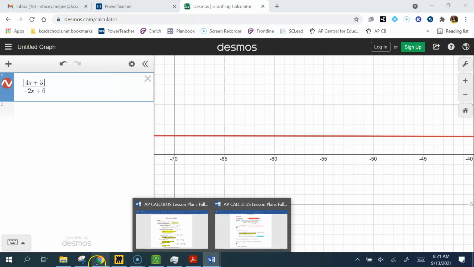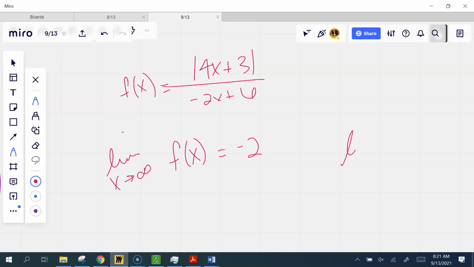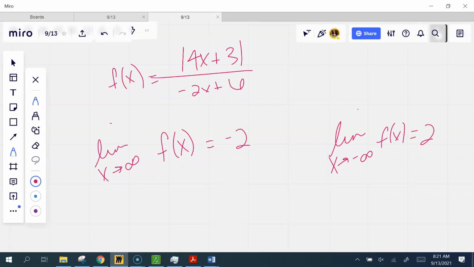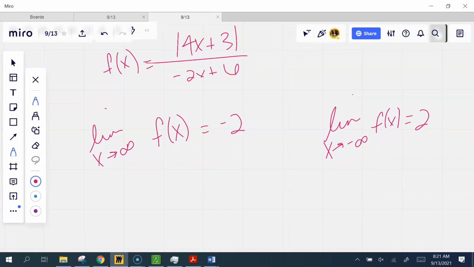Because the limit as x approaches negative infinity of f of x is 2, then all it did was say identify the horizontal asymptotes. Well, by definition, if you take the limit as you approach either positive or negative infinity and you get a constant value, that is by definition a horizontal asymptote. So the answers from A and B were the answer for C.